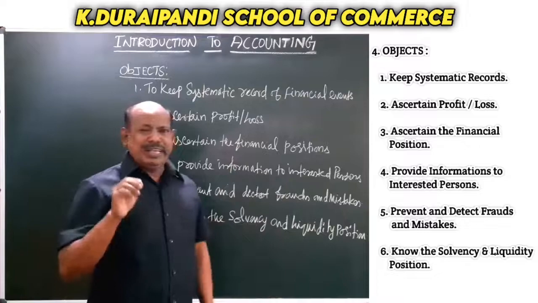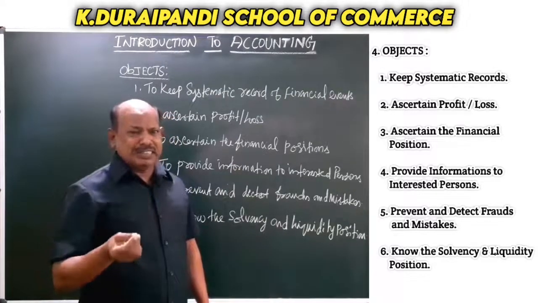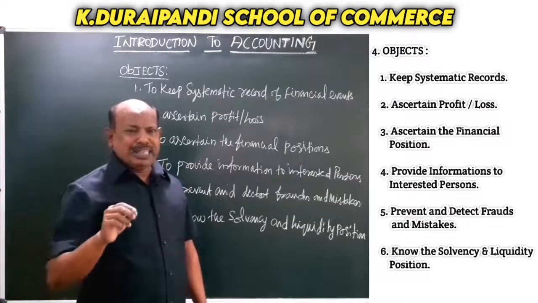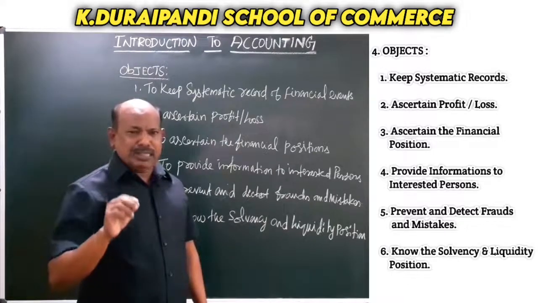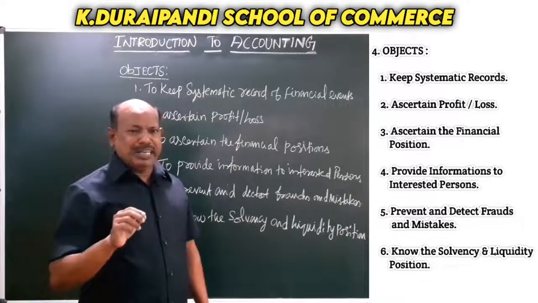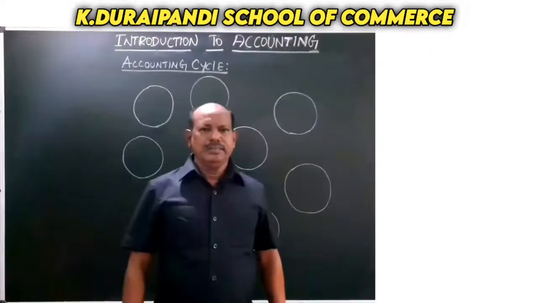Liquidity means immediate conversion into cash. It is ascertained by the creditors or the suppliers. To know these two things, that is the solvency position as well as the liquidity position of our undertaking, the accounting system is very useful.